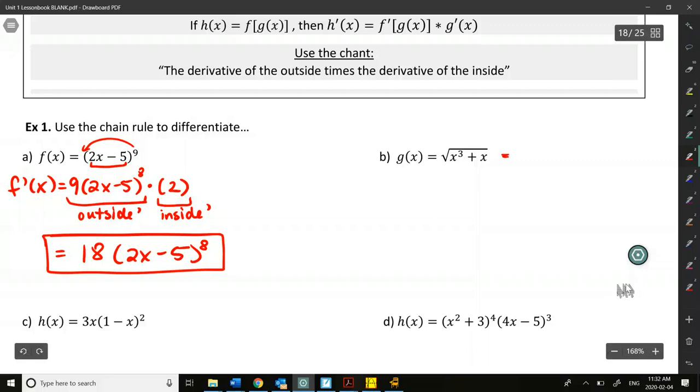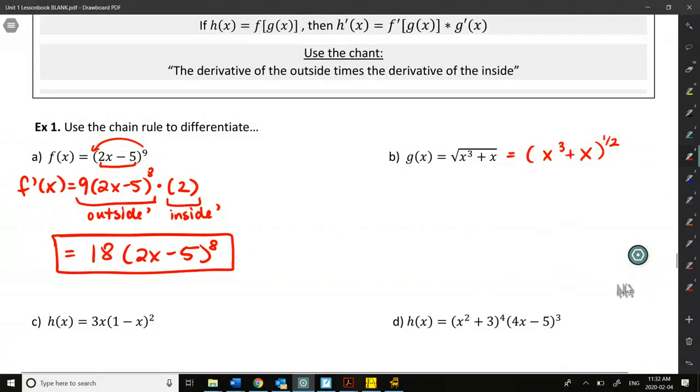Before we do this one, I'm just going to write this as a rational exponent. Any questions on the first one? Okay, same process here.